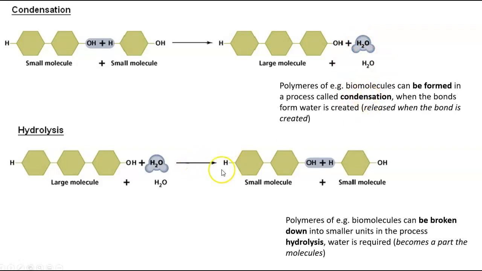And the opposite, when we break polymers down into their constituent parts, we have to use water to reform these hydroxyl groups and hydrogen atoms. So we always need to use water to break down polymers into smaller parts. This is called hydrolysis. Lysis is to break stuff apart, and hydro for water. So breaking stuff down with water, basically.